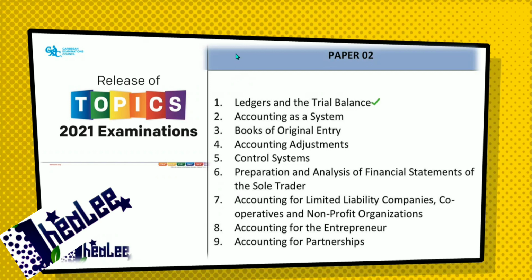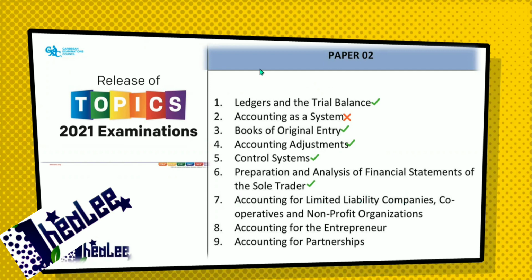Accounting as a system, I did not see this. Accounting as a system. Books of original entry was tested. Accounting adjustments were tested. Control systems were tested. Number 6, yes, preparation and analysis of financial statements of the sole trader.